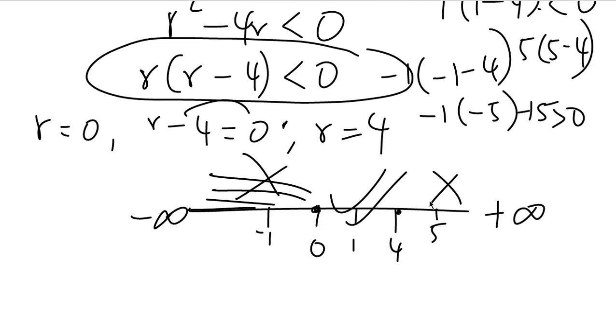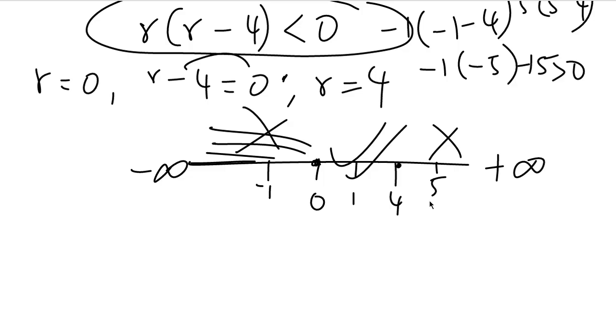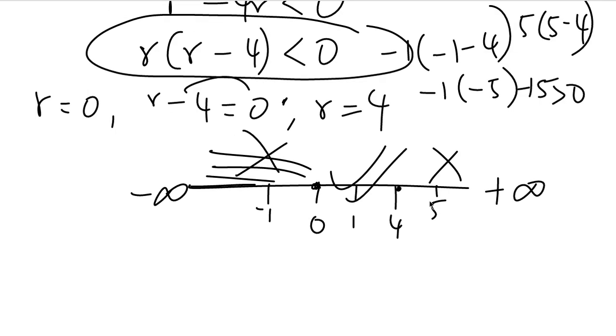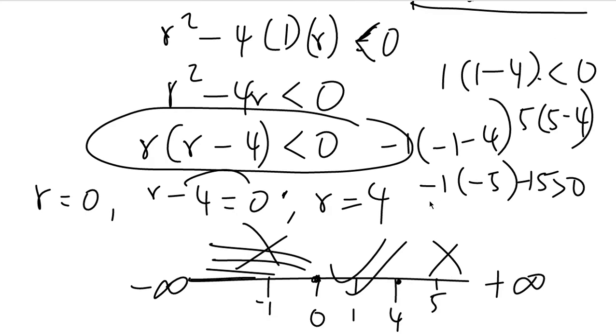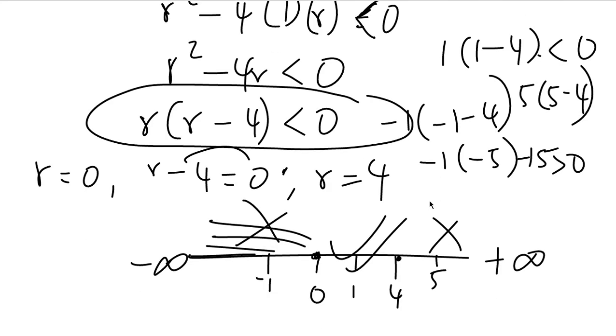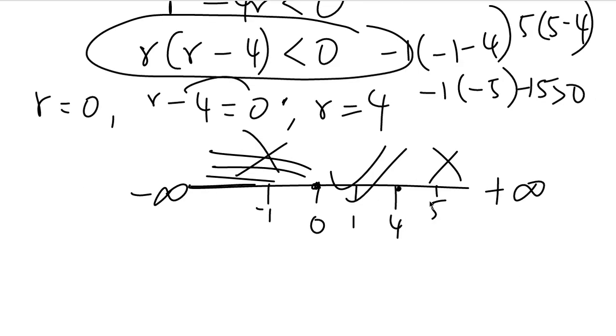That means the values of r for which the equation has no real roots are those values in between 0 and 4. We are excluding 0 and 4 because at 0, r squared minus 4r is 0, and at 4, r squared minus 4r is still 0, but we are looking for values less than 0. So your answer would be 0, 4.